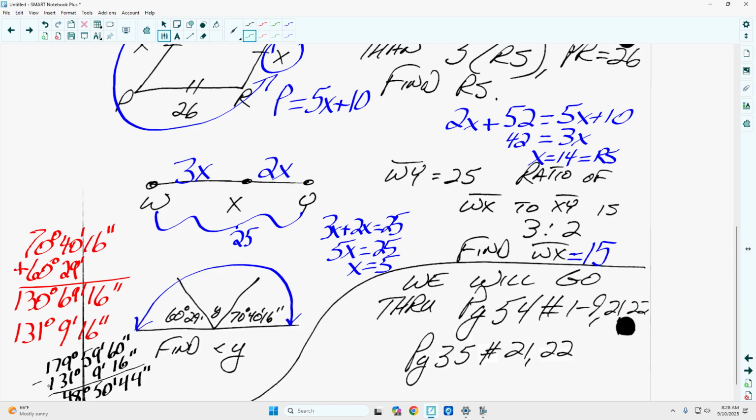Number 3, if you add those two angles together, you guys might want to try it yourself, but the answer is 69 degrees, 4 minutes, 35 seconds. Number 3B, if you subtract them, and you might want to try it yourself, it's 50 degrees, 59 minutes, 43 seconds.